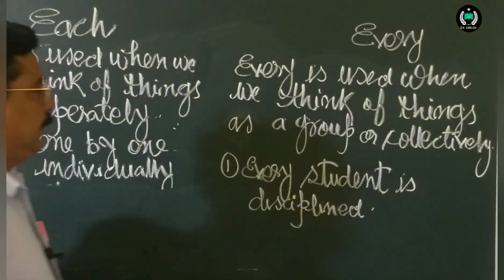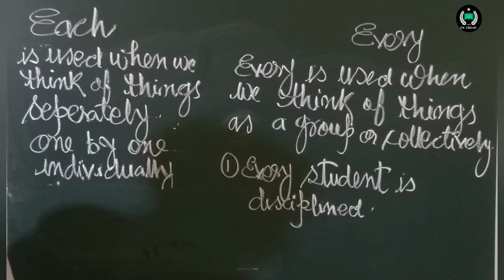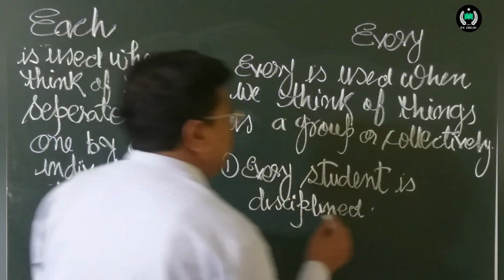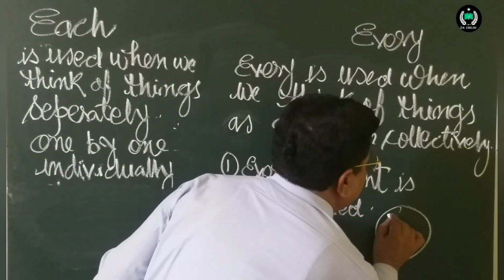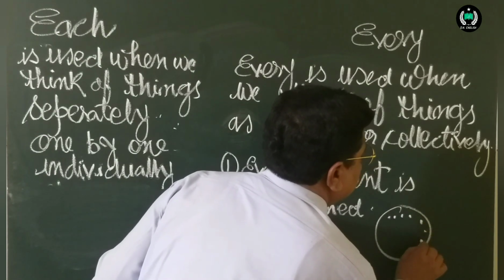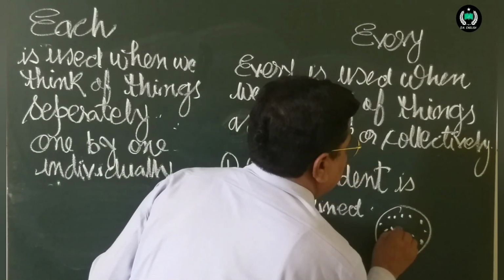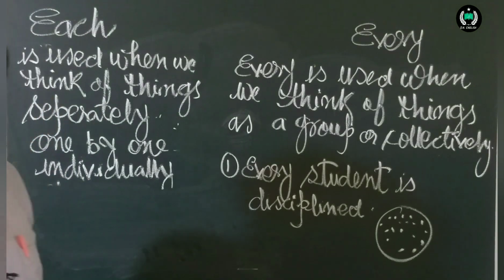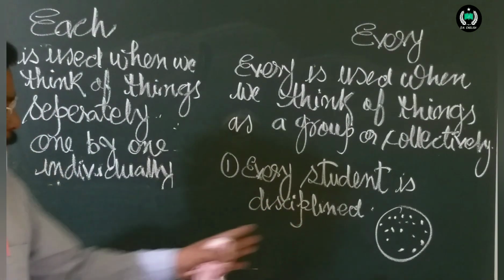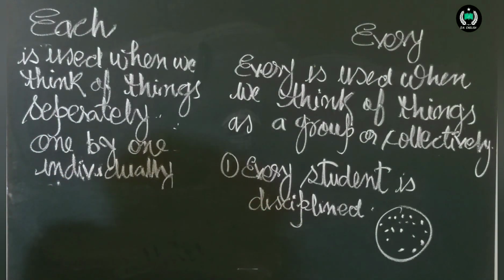Every student is disciplined. Now every here means this: try to understand. Every student means all students in a group, not one by one, separately, individually. Clear? So this is the main difference.